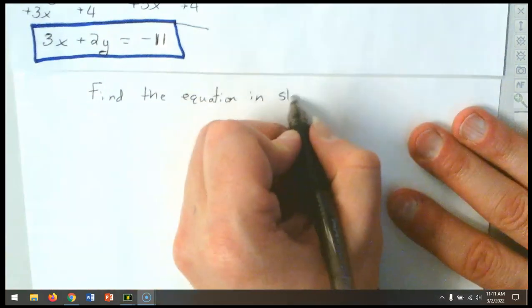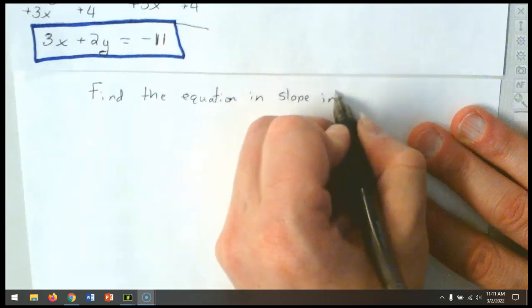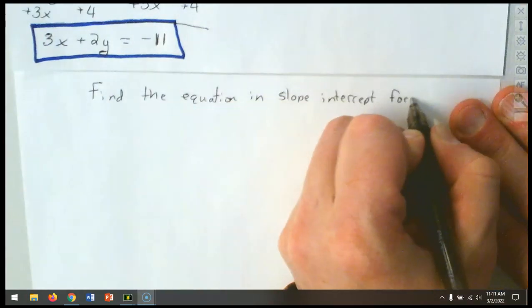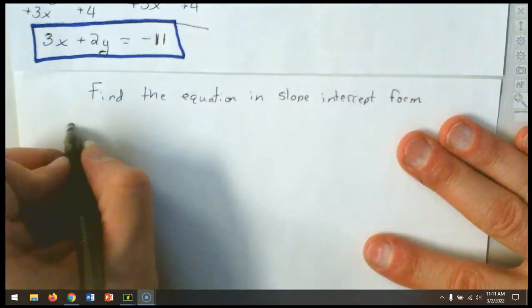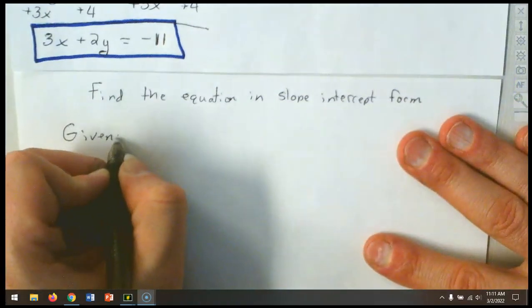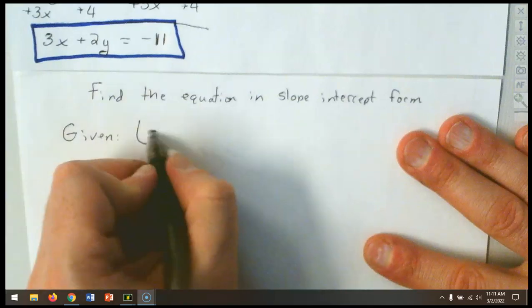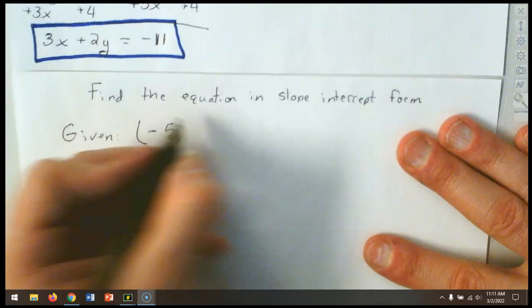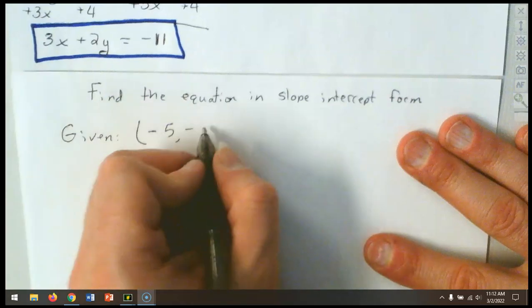In slope-intercept form. And you're going to be given a point again. So minus 5, minus 8.